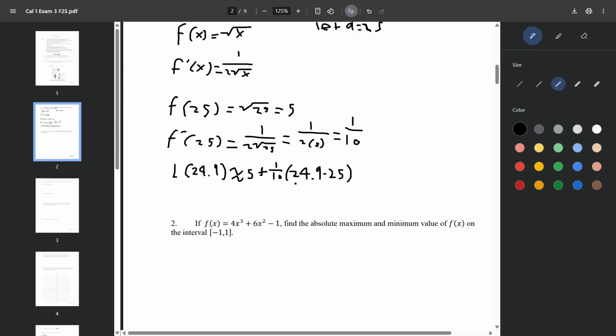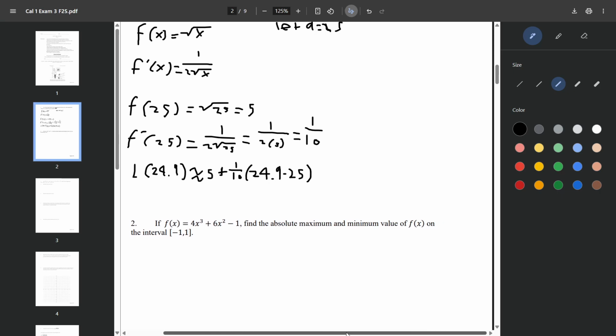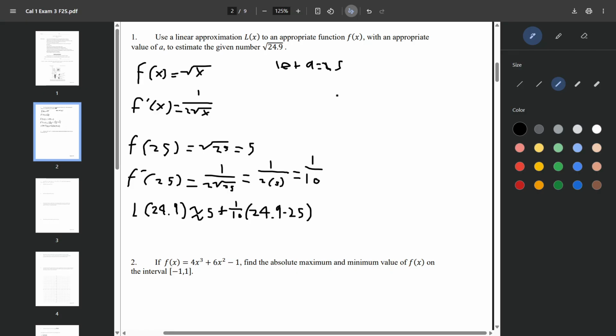And now we solve for this. So this will approximately equal 5 plus 1 over 10 times negative 0.1, which approximately equals 5 minus 1 over 100.